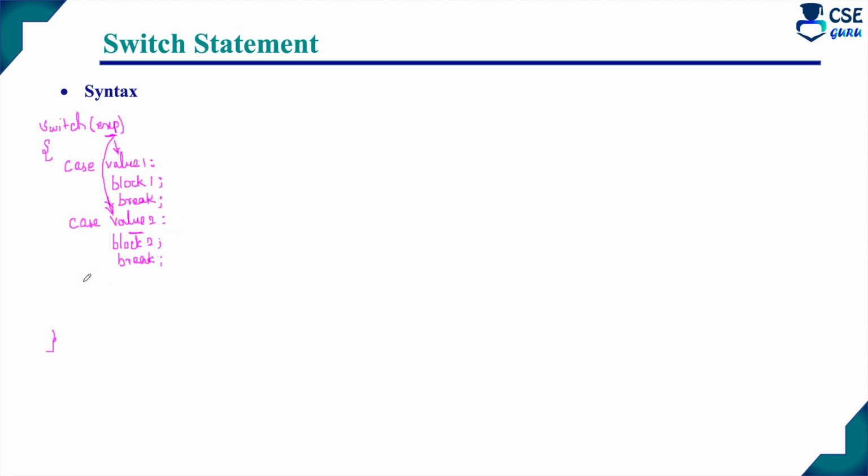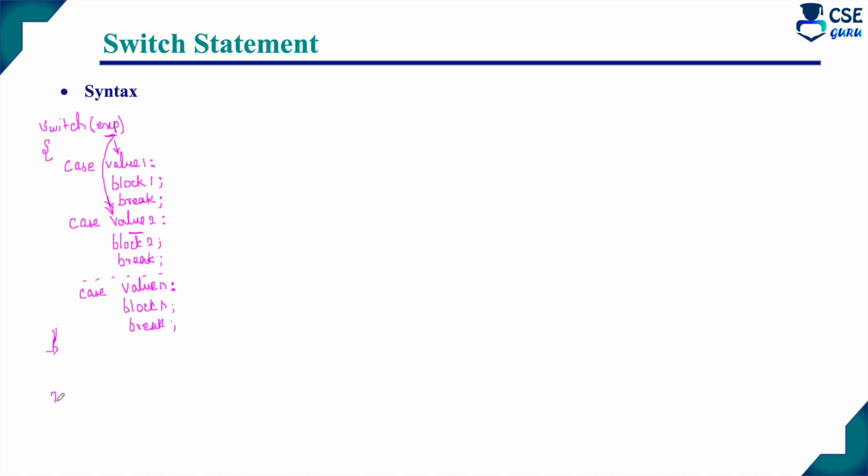Likewise, any number of case alternatives we can specify here up to value n. Here it is a colon. Case here you have to specify colon. Case is a keyword, break is a keyword, switch is a keyword. And here this is block n. After executing, it will break.